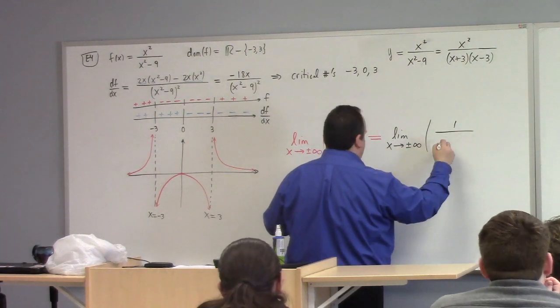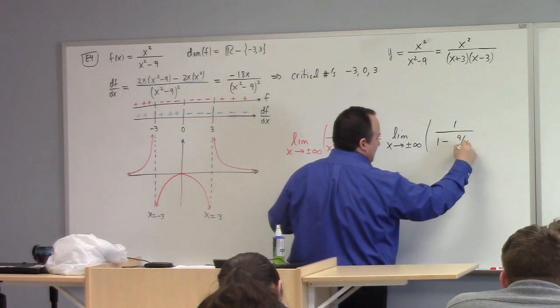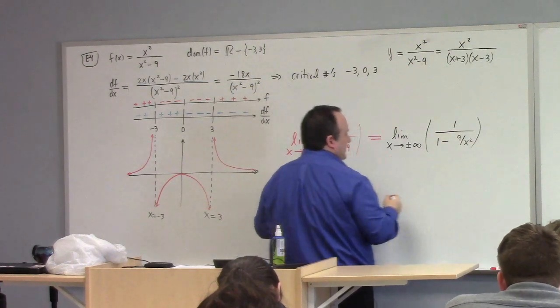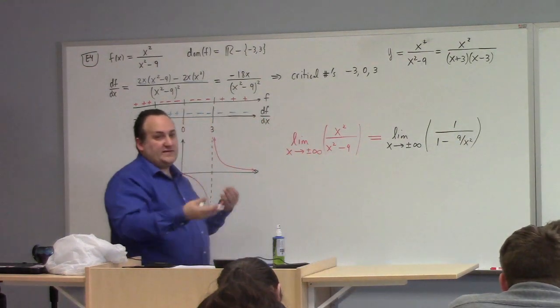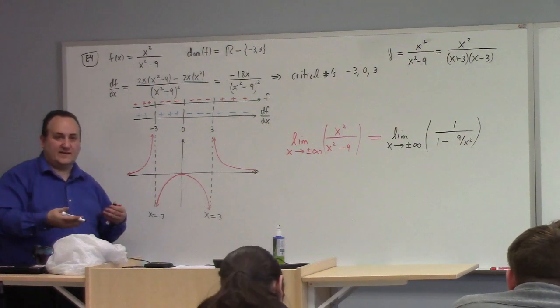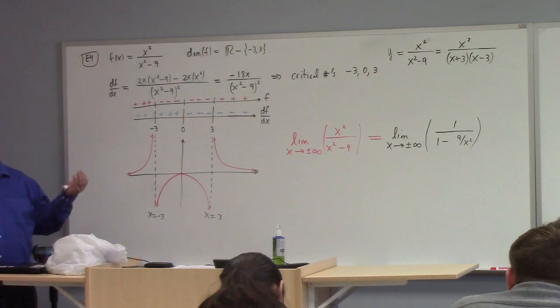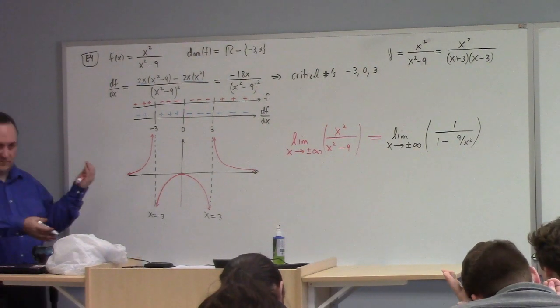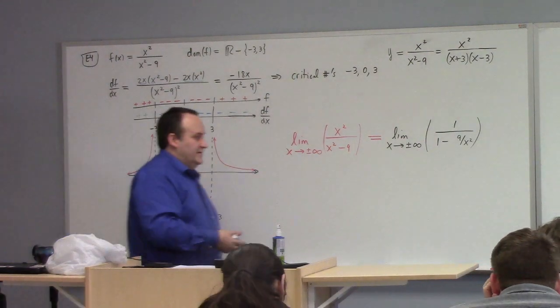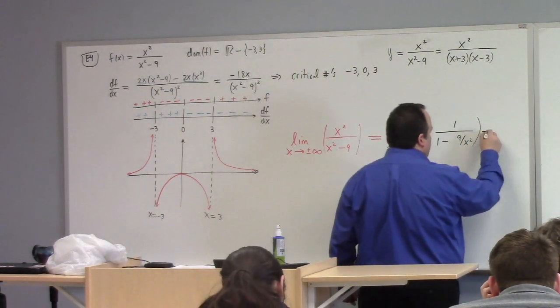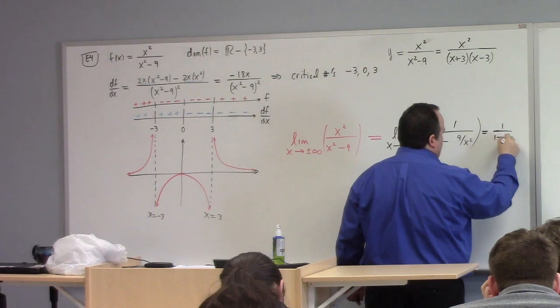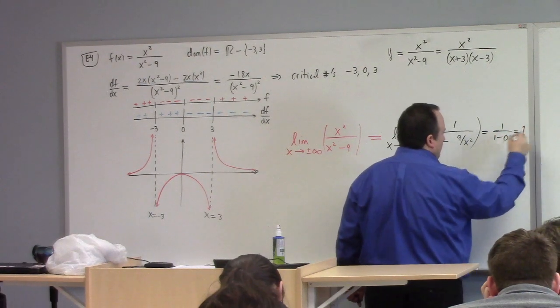So 1 over 1 minus 9 over x squared. What happens to 9 over x squared as x goes to either plus or minus infinity? It gets huge. 9 over something huge is 0, right? So this limit works out to 1 over 1 minus 0, also known as 1.